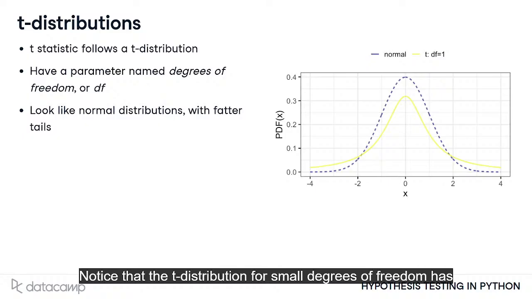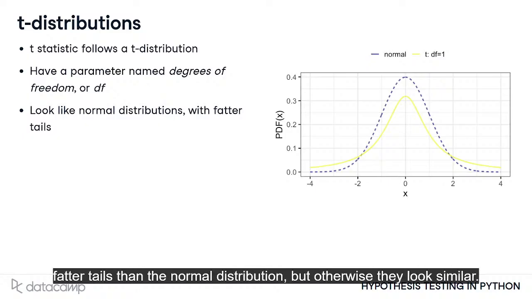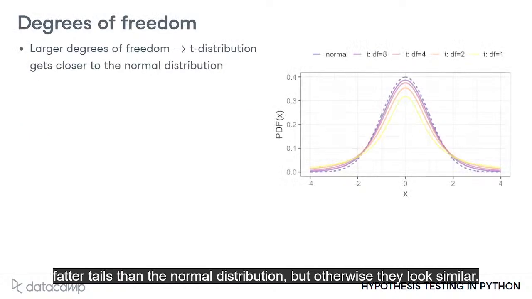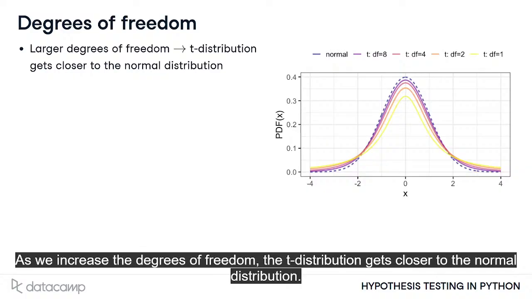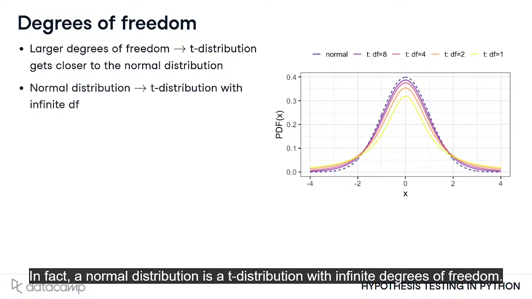Notice that the t-distribution for small degrees of freedom has fatter tails than the normal distribution, but otherwise they look similar. As we increase the degrees of freedom, the t-distribution gets closer to the normal distribution. In fact, a normal distribution is a t-distribution with infinite degrees of freedom.